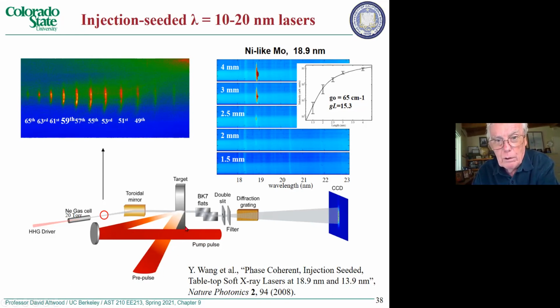What Rokas got the idea was, why don't I take a high harmonic, which has a high degree of spatial coherence, and choose a geometry and materials so that the lasing wavelength here and the high harmonic coming in are the same. And so he had a high harmonic that was timed to come into this plasma just as the main pulse was creating the inversion.